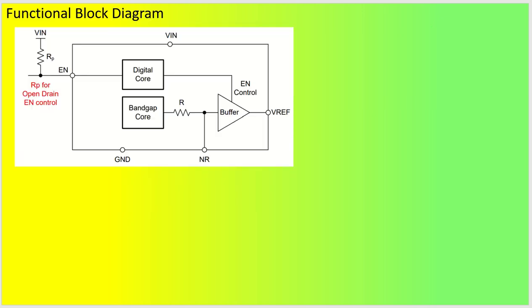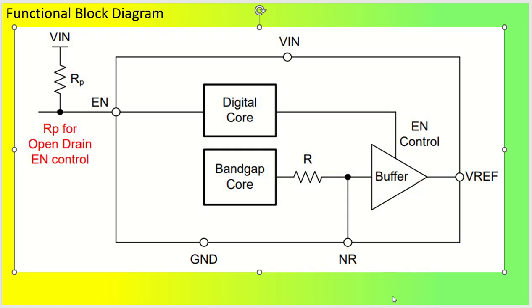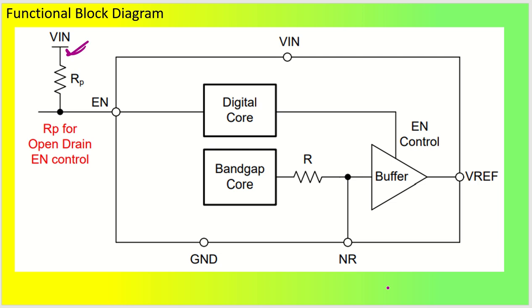Let's get into the block diagram of this particular IC. If you see the block diagram, let me make it a little bigger. Good. We have input voltage, and we have the enable pin, which we can put directly to the input voltage with a resistance. That's not a problem, since this is open drain control.